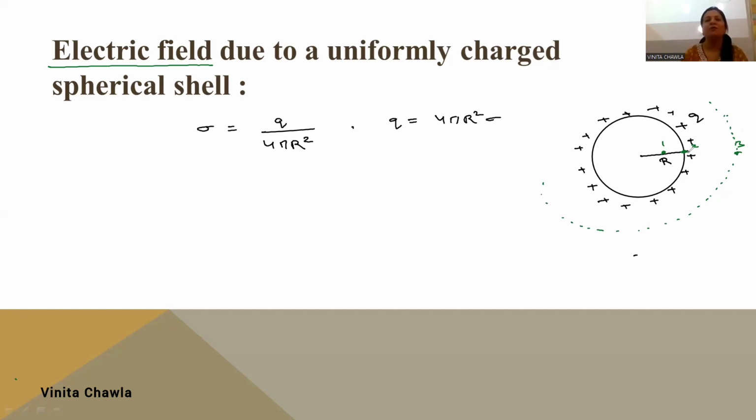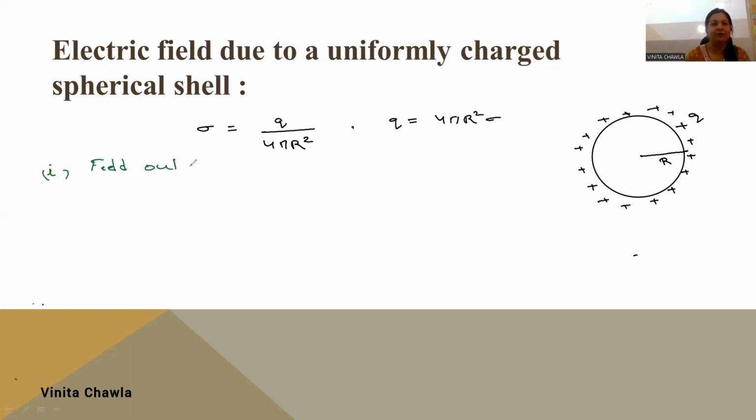Similarly, if we have to find electric field intensity at this location, then we already have a spherical shell, so we'll construct a Gaussian surface here only. If we have to find electric field intensity inside the spherical shell, then we can construct a Gaussian surface here, which passes through this point. So where we have to find the electric field intensity, there we take the Gaussian surface.